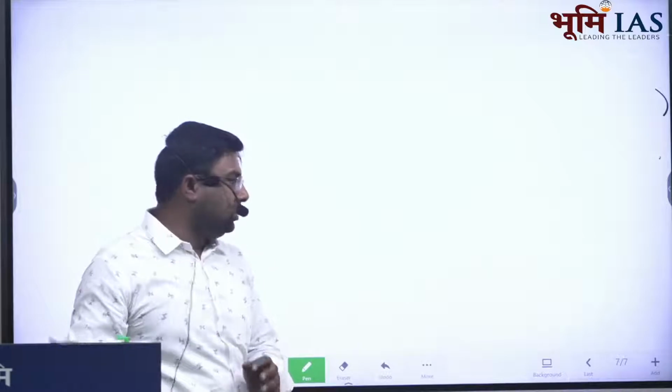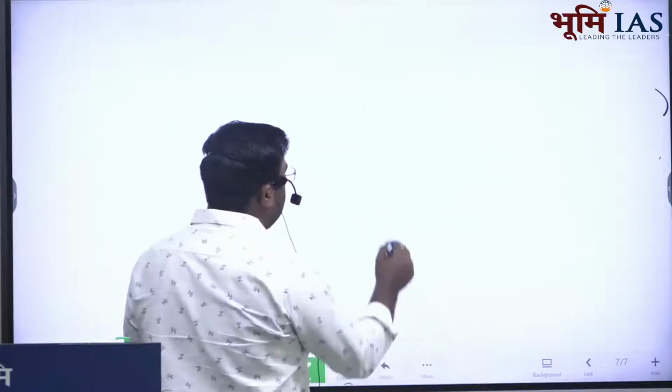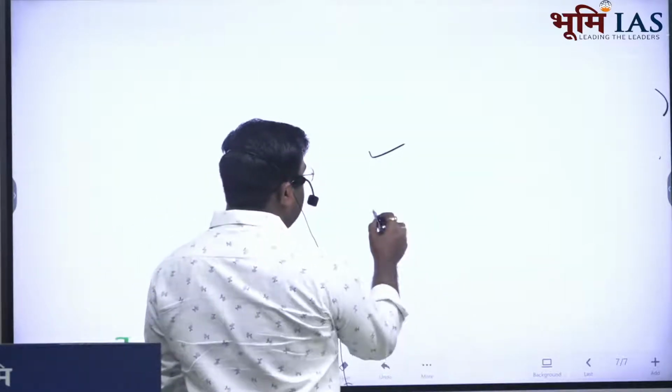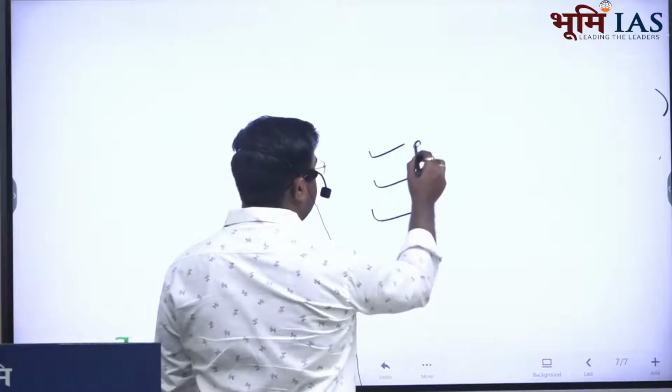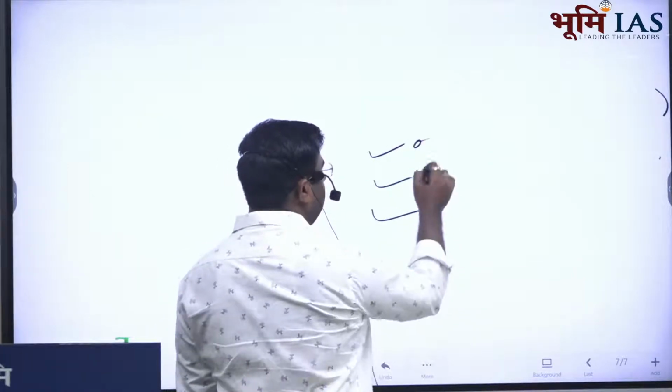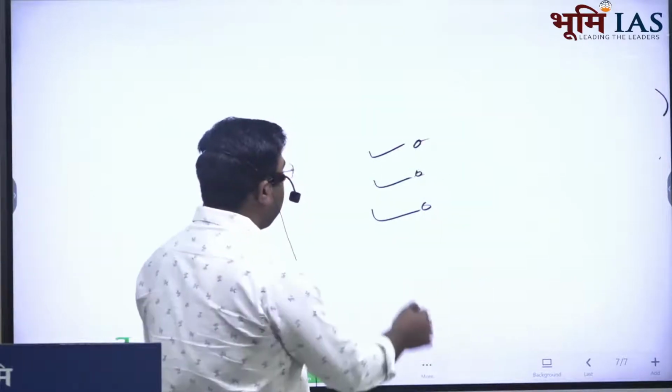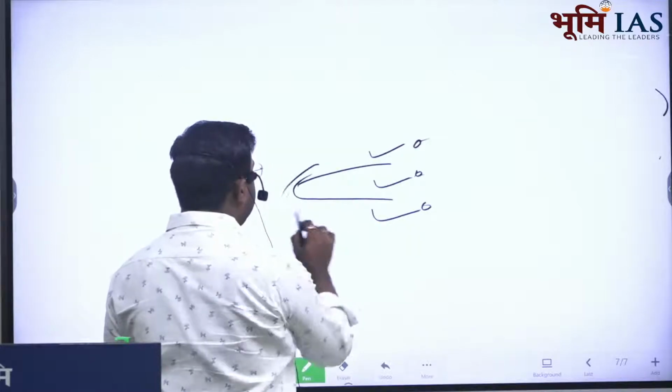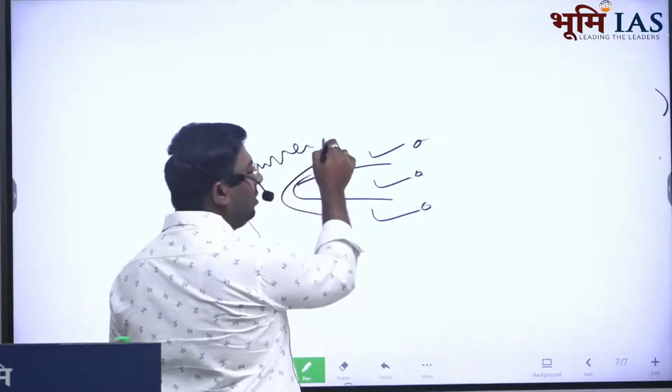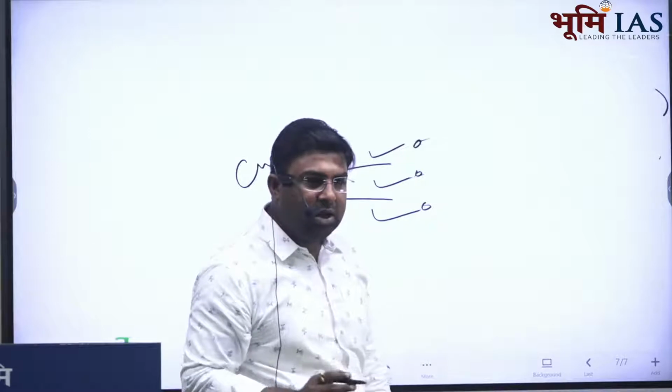You need to attach only the concept of capital account with the given options, and on the basis of that analysis, if you finalize that yes, this transaction would be placed under capital account, then the remaining transactions would automatically be placed under which account? Current account, simply.